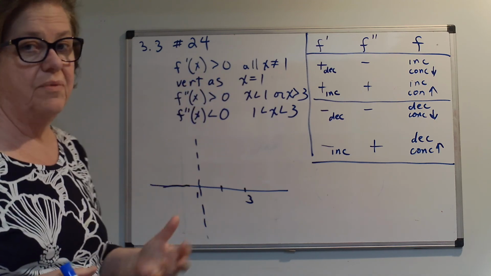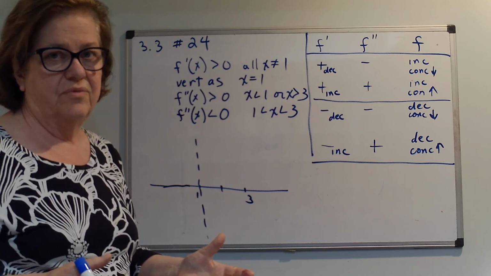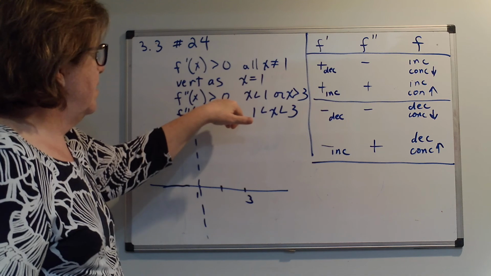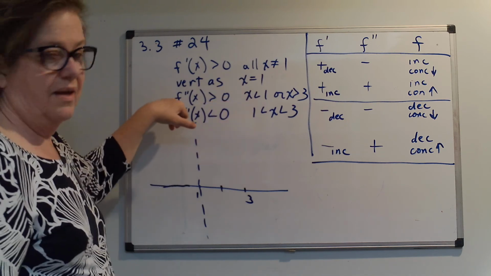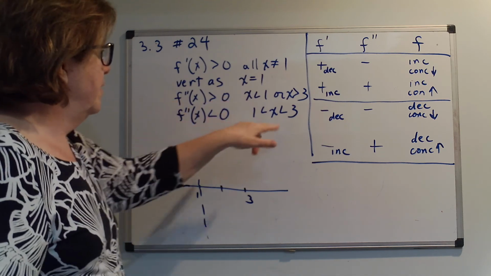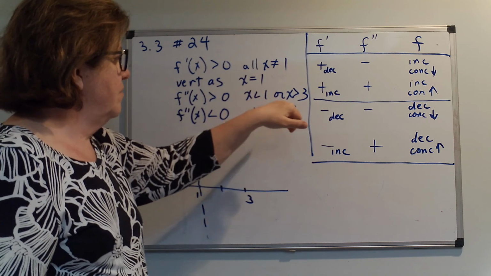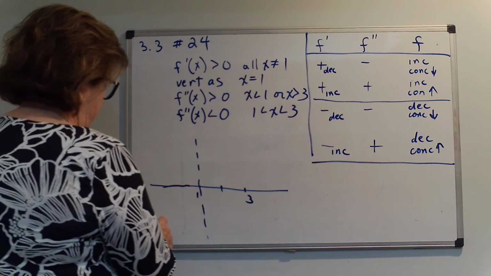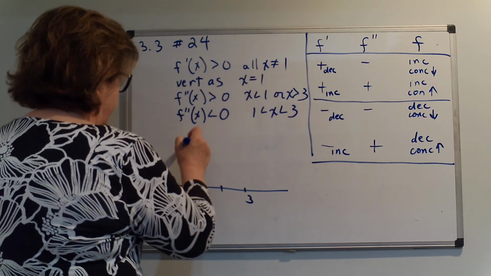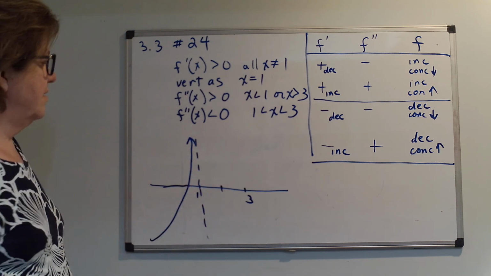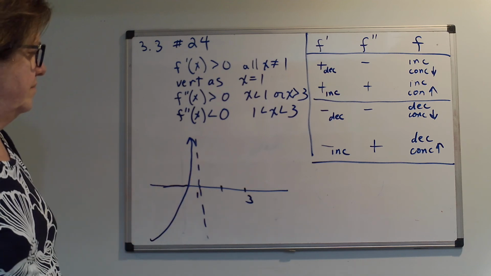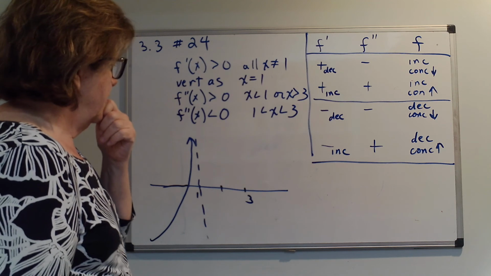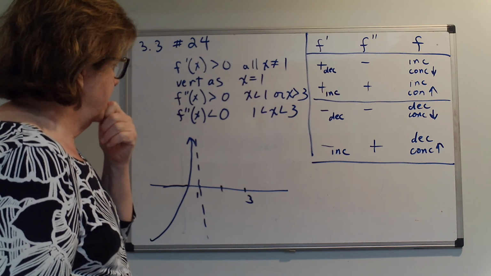We don't have any information about the values of the function anywhere. But we do know the function is concave up because f double prime is positive when x is less than 1 or x is greater than 3. So it's increasing and concave up for x less than 1, and for x greater than 3, it's increasing and concave up.